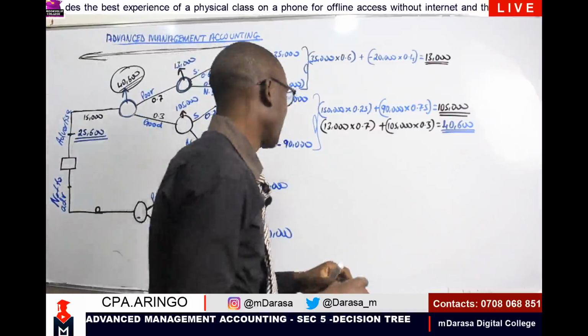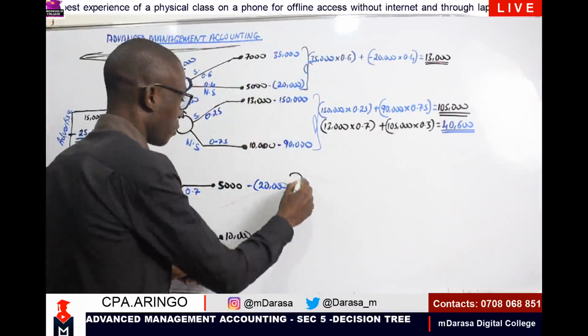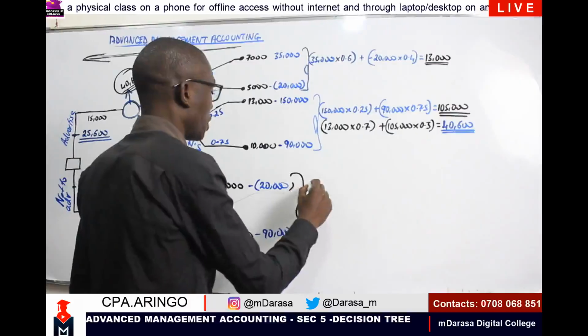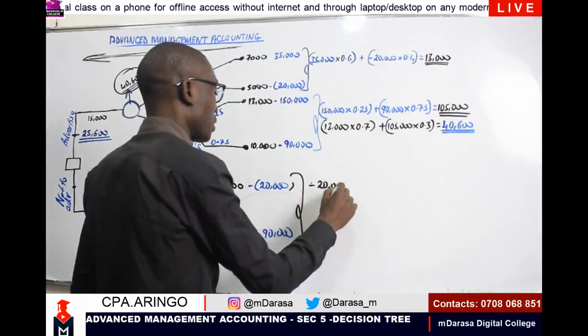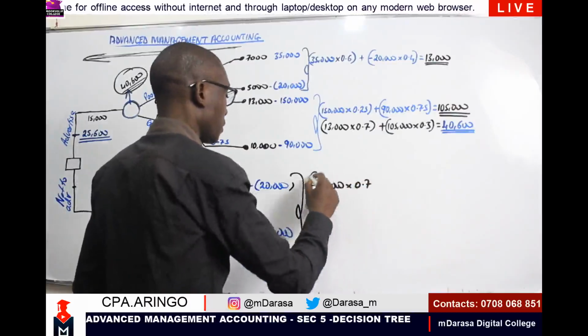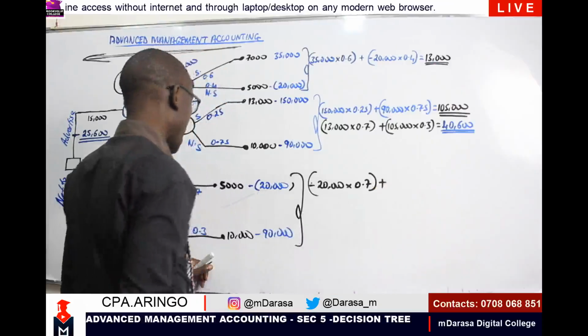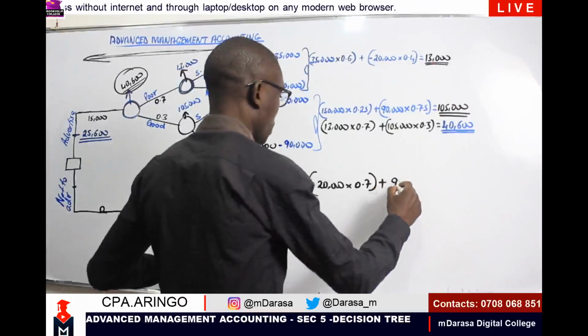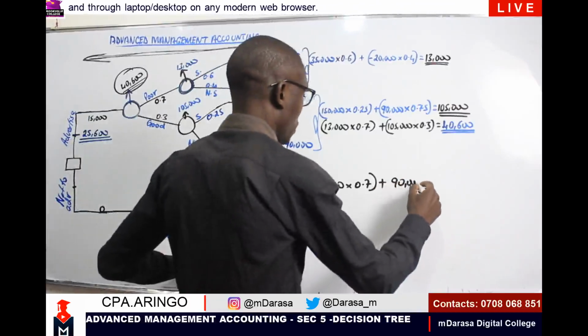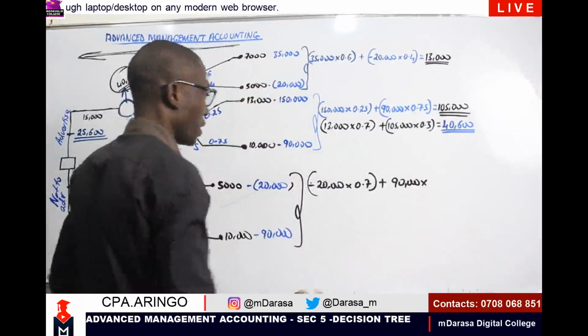What about if we don't do any form of advertisement? What will be our net revenue? That will be very simple, my good students, because we are going to take the loss of minus 20,000, multiply by 0.7. In this case, we are going to add the 90,000, our income, multiply by 0.3.